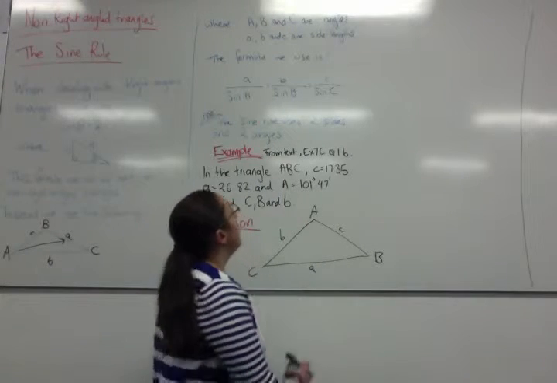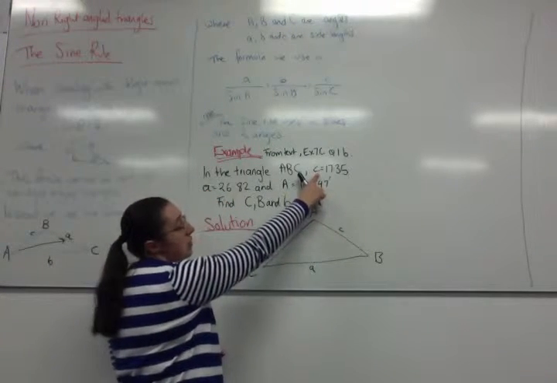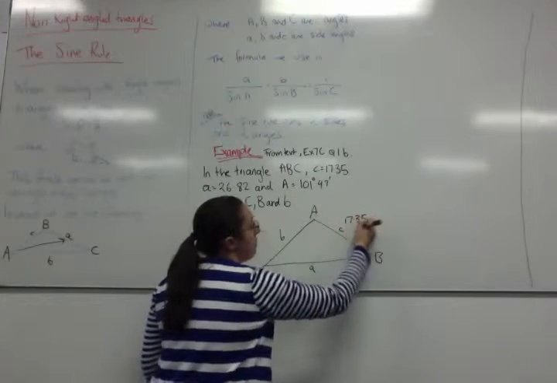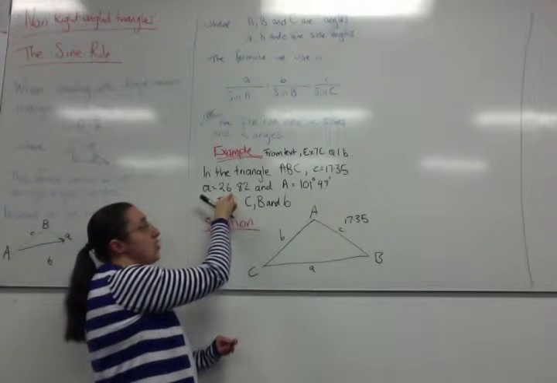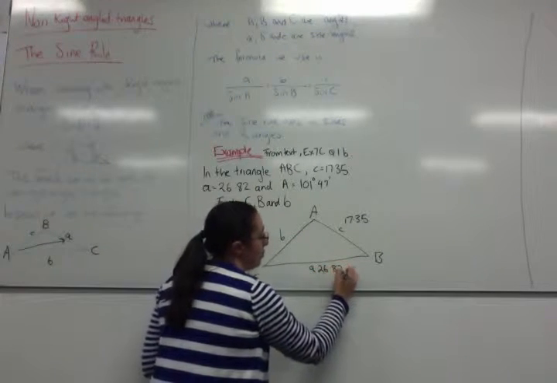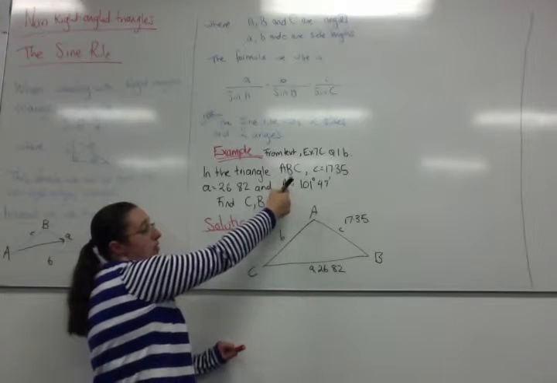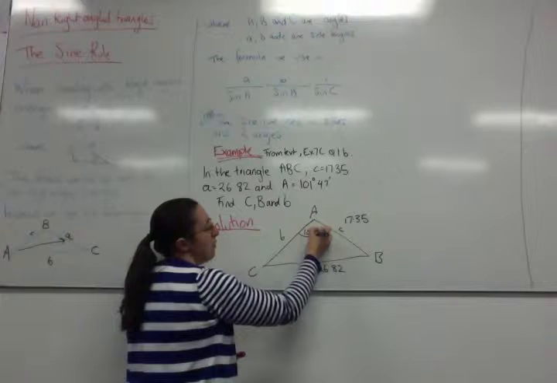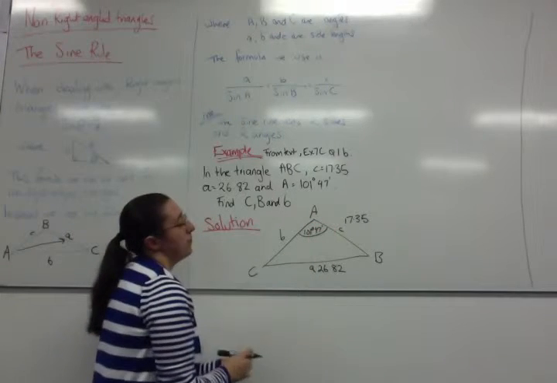So, we know that side c is 17.35. 17.35 for c. We know that a is 26.82. So down here I have 26.82. And I know the angle A here is 101 degrees and 47 minutes.